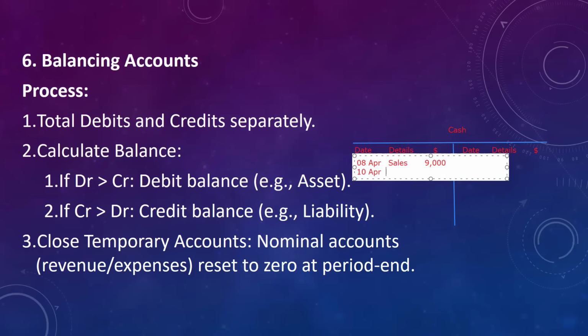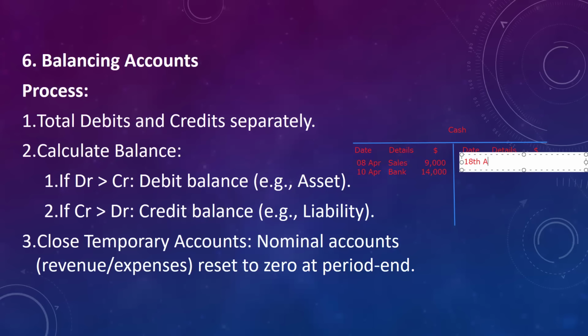On the 10th April, you transferred money from the bank account, 14,000, and on the 18th of April, you had purchases of 12,000. So these are the transactions.